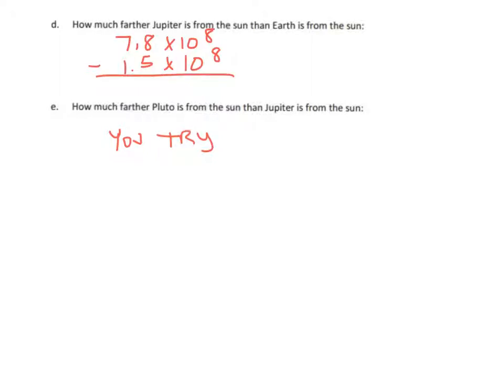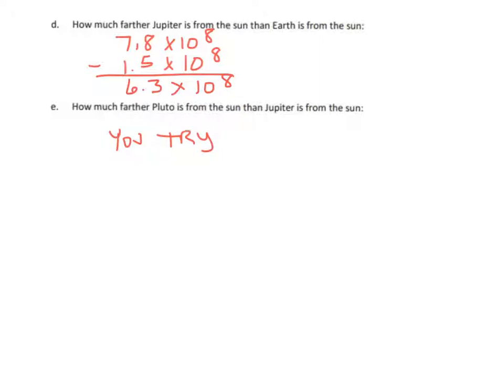Now in order to take the difference, these exponents better be the same, and they are. So all I have to do on this one is take 7.8 right here, minus the 1.5, and of course I get down to 6.3 times, and they're the same thing, 10 to the 8th. So that exponent is not going to change at all.